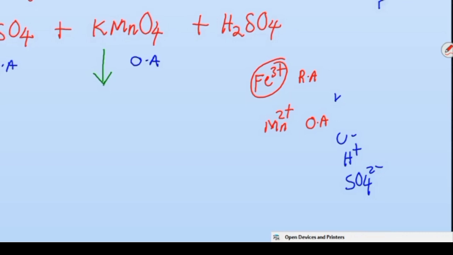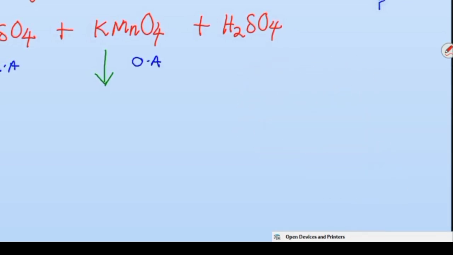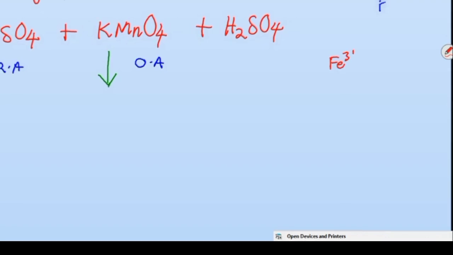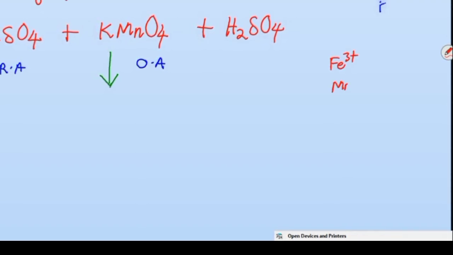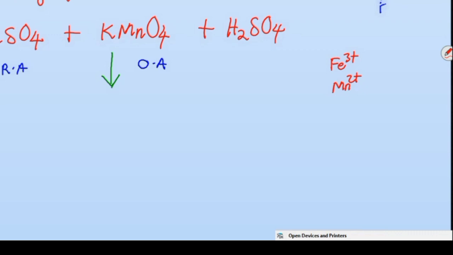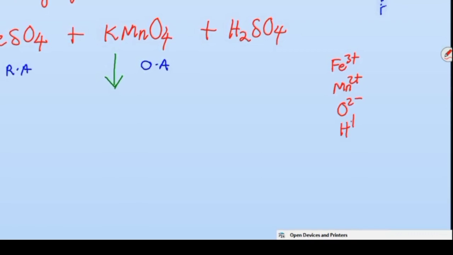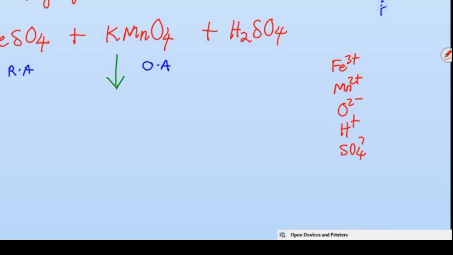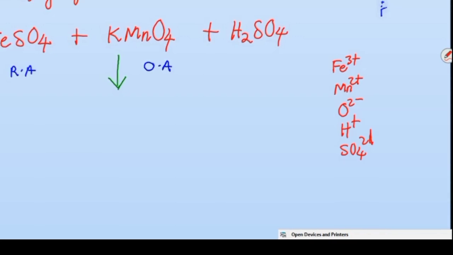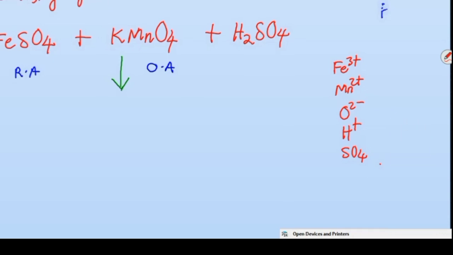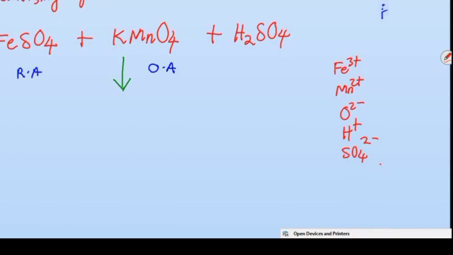So the ions involved are as follows. We have iron 3, manganese 2 plus, oxide, H plus, SO4 2 minus, and K plus.